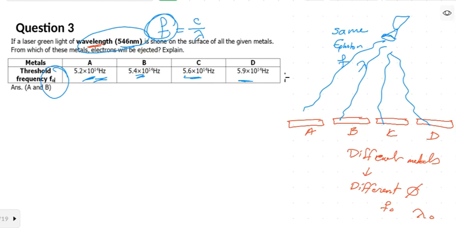Because electron is emitted when the frequency of the light is greater than or equal to f threshold. So to decide from which metal electron is emitted, you need to compare either f with f threshold, or lambda with lambda threshold, or energy photon with work function. Is it clear?